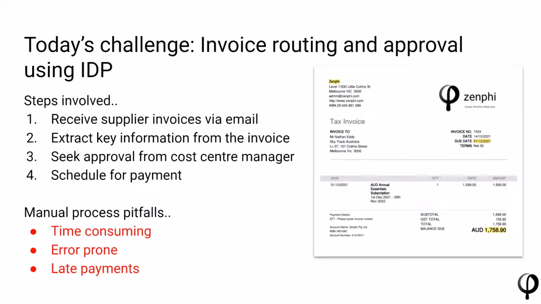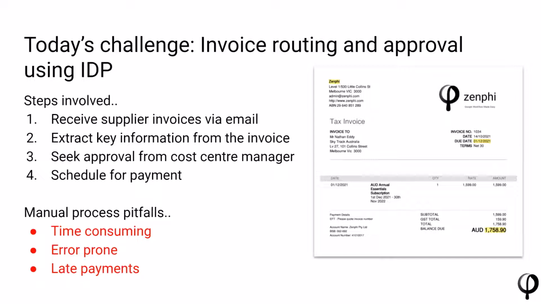Typically, these would be received as an attachment to an accounts payable email address, and an accounts payable clerk would open up that email and the attachment, look through the invoice, pull out key information, then try to identify which cost center in the organization and which manager needs to approve that invoice before it can be paid.